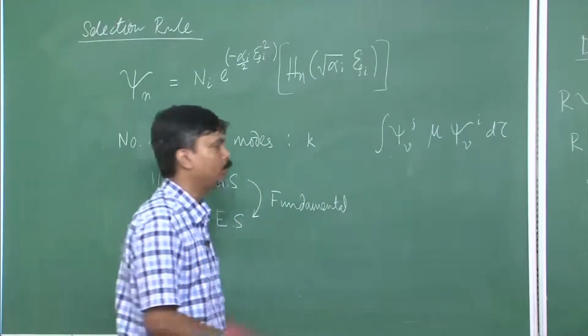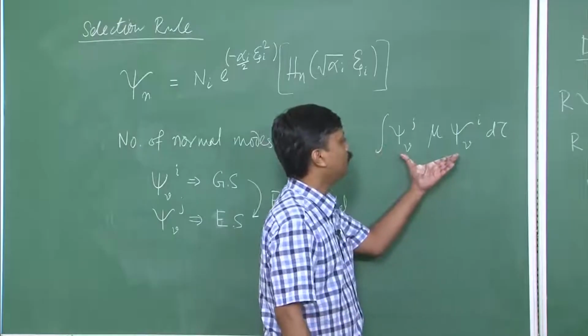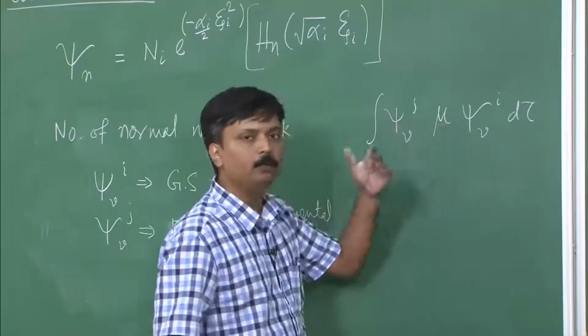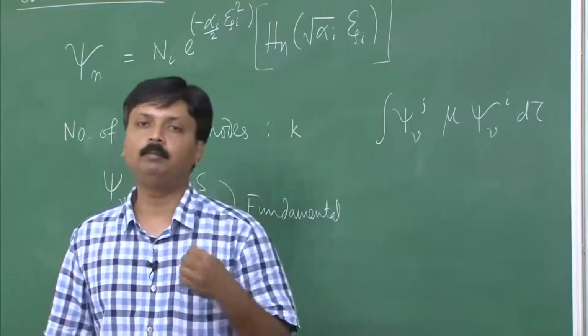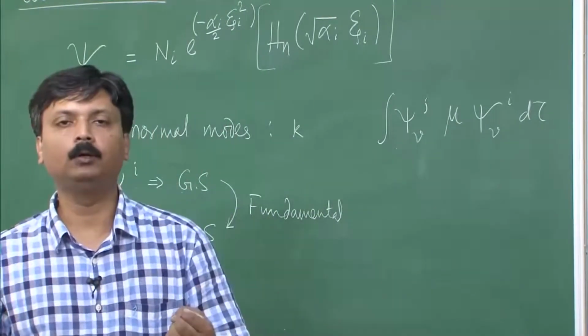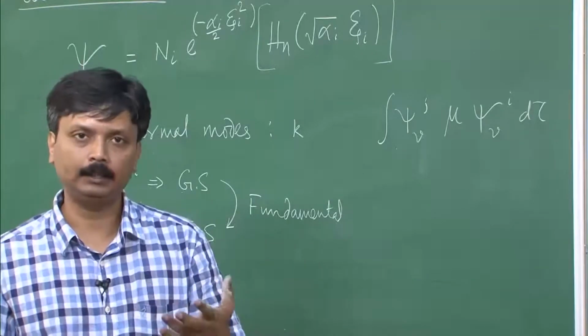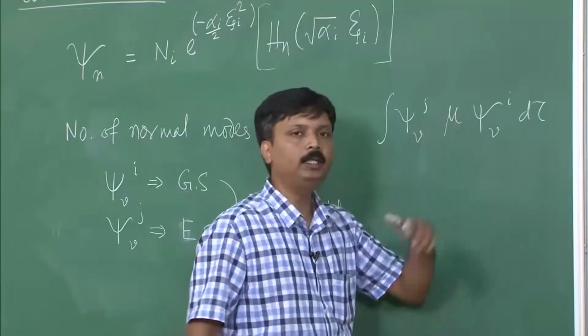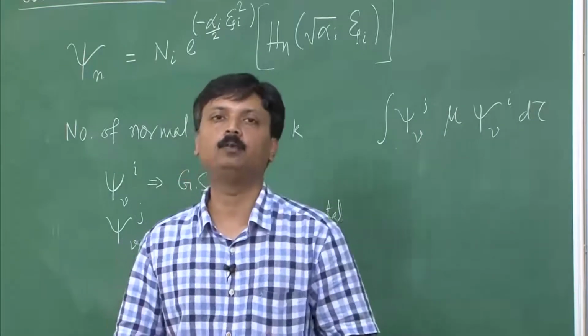This is my transition probability. In this transition moment integral, mu is a dipole operator, which can be broken in terms of the charge and the distances, and the r associated with this can be explicitly written in terms of x, y and z.